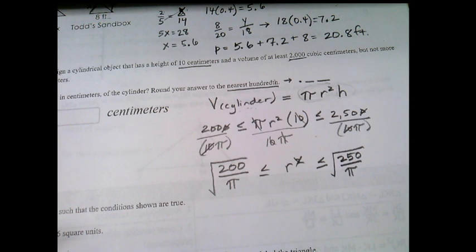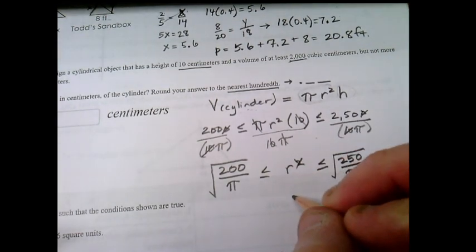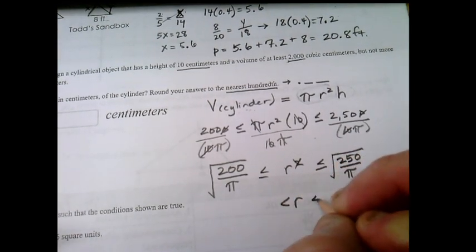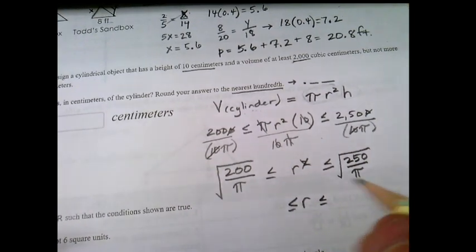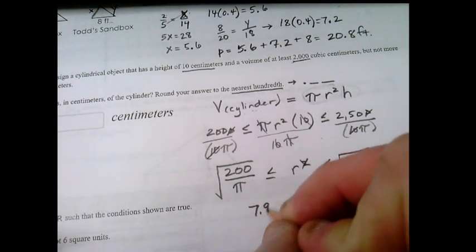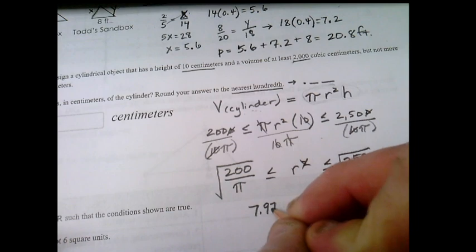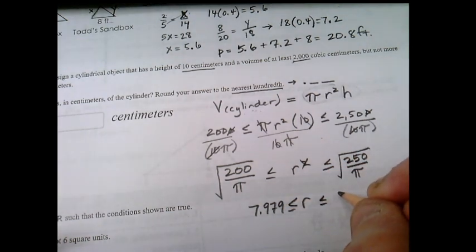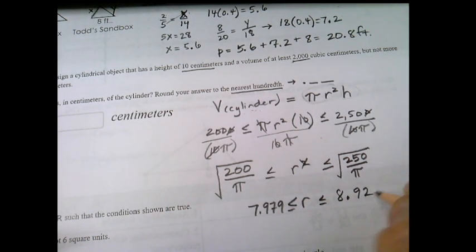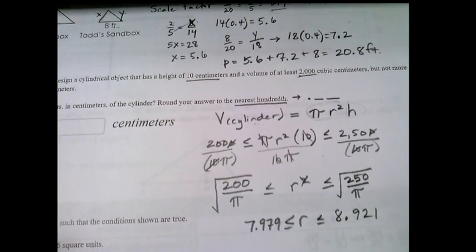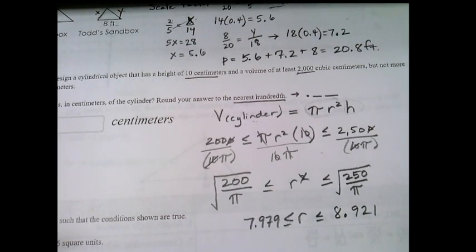If I go ahead and work that out in my calculator, which I don't have right here, what you're going to find out, and I'd encourage you to plug that in your calculator, is that the radius length should be between 7.979 and 8.921, I believe. Okay, now that's without me plugging into the calculator there, but that would be a range.